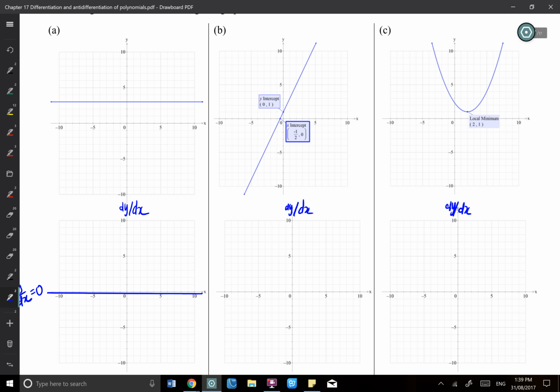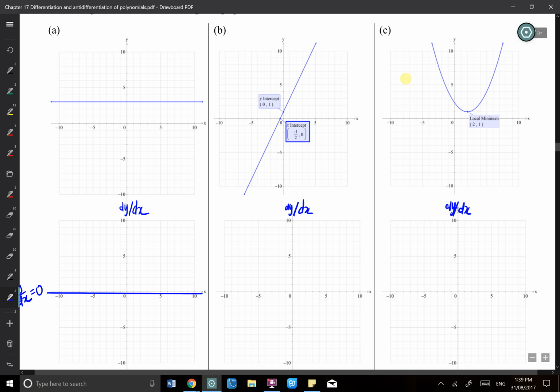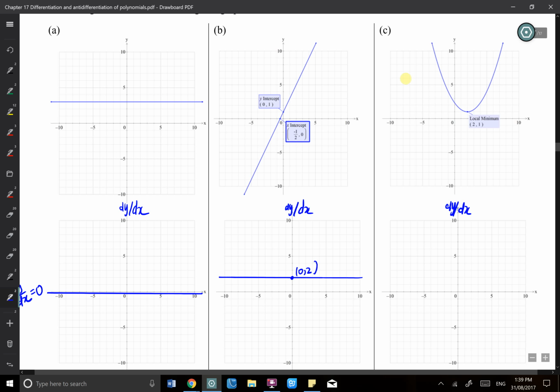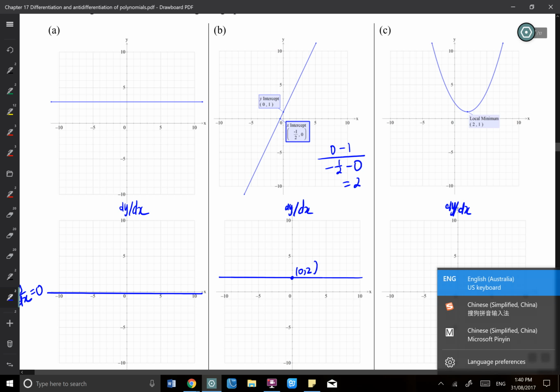Year 11 already, no. So y2 minus y1 over x2 minus x1, it is 2, okay? So you sketch dy/dx equals 2. The gradient can be found by 0 minus 1 over minus half minus 0, which is minus 1 divided by negative half, and it is 2. So it's 0, 2.